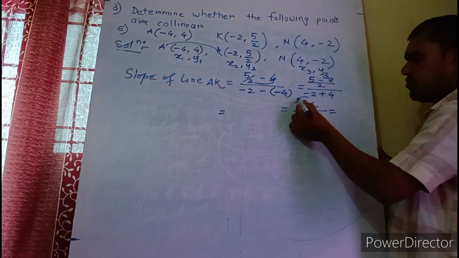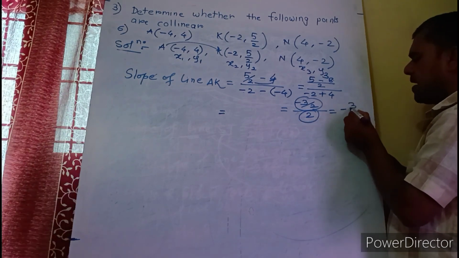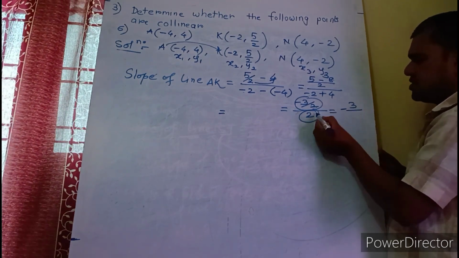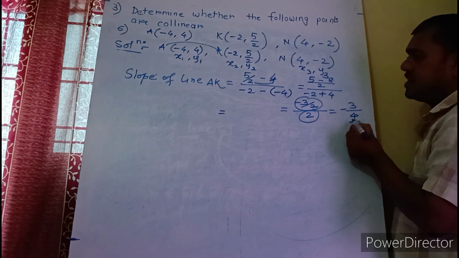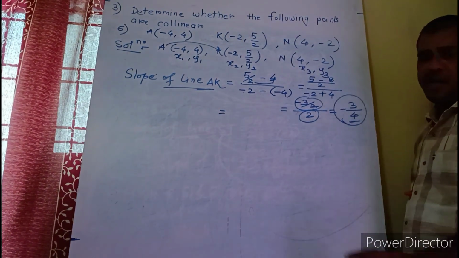Now on solving, minus 3 by 2 divided by 2 is minus 3 divided by 2 into 2, that is 4. We get the slope of line AK is equal to minus 3 by 4.